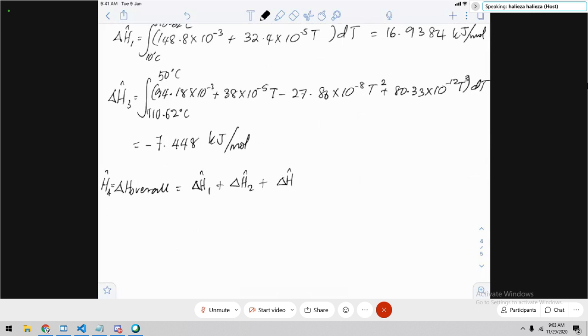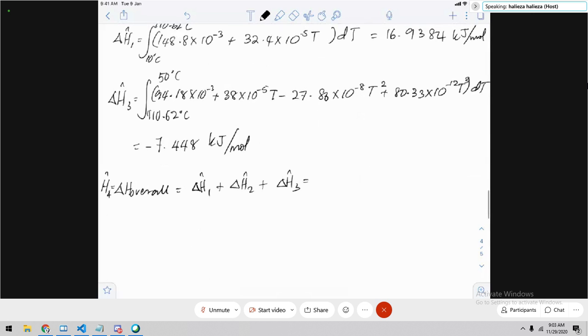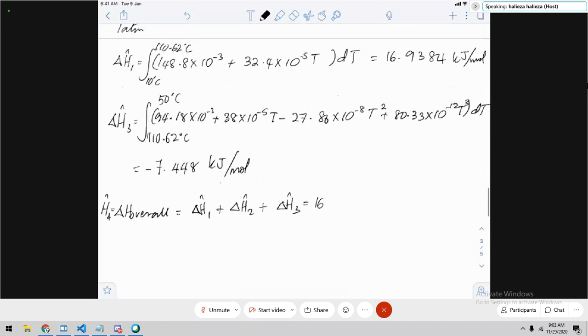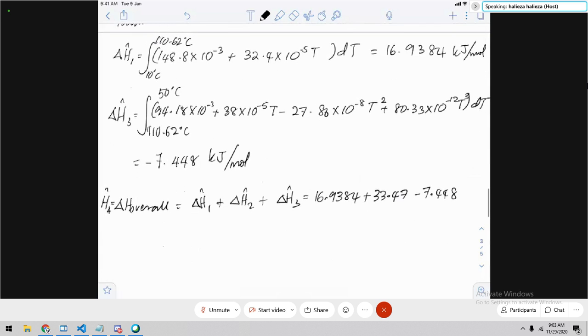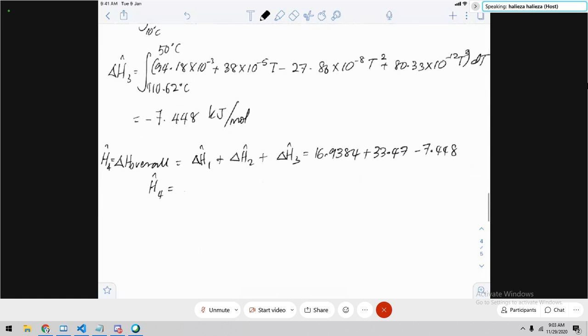Let's look at the values: 16.9384, the latent heat 33.47, minus 7.448. You should get your H4 to be, anybody? Kilojoules per mole. Anybody? Give me a value.